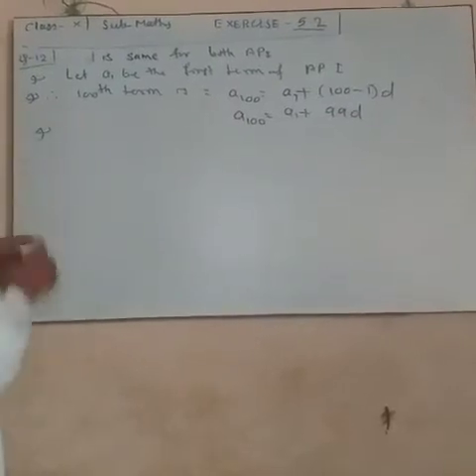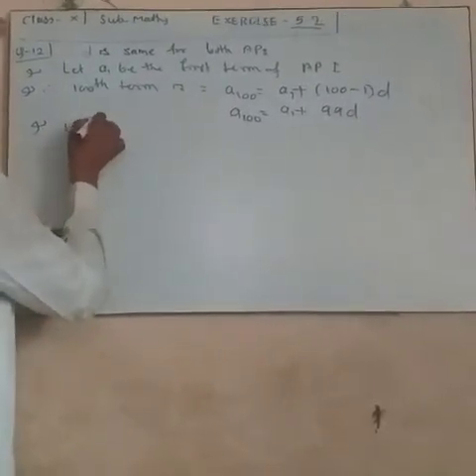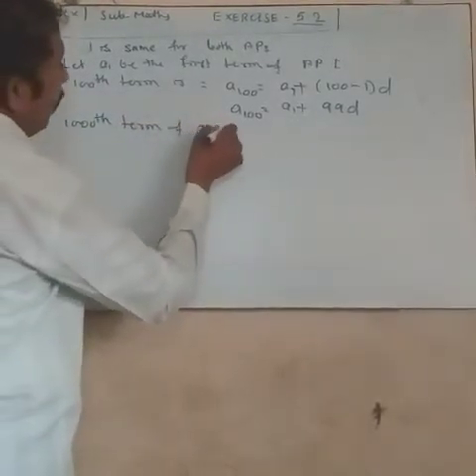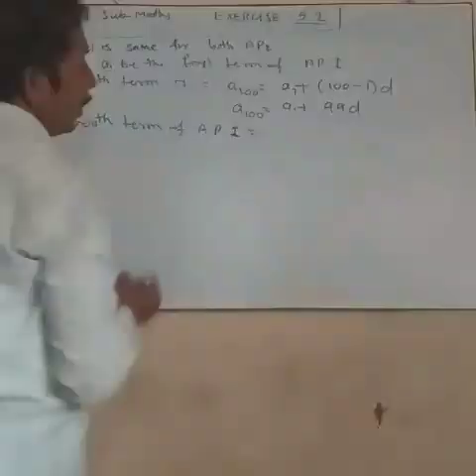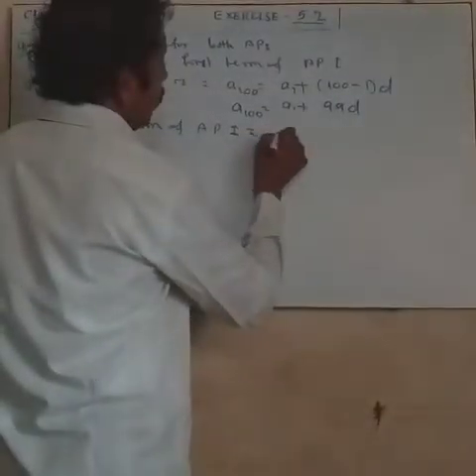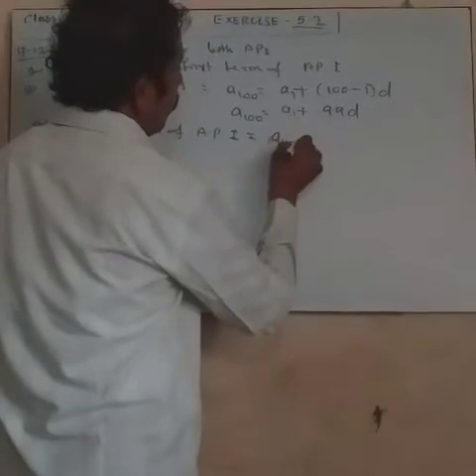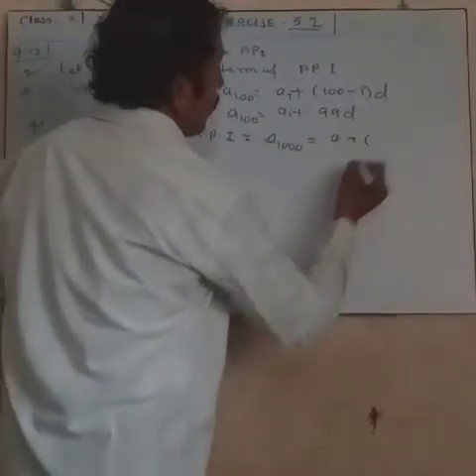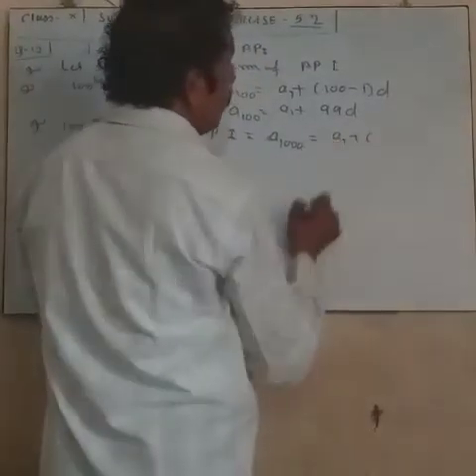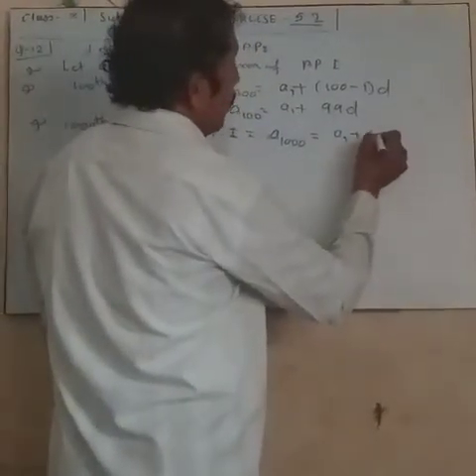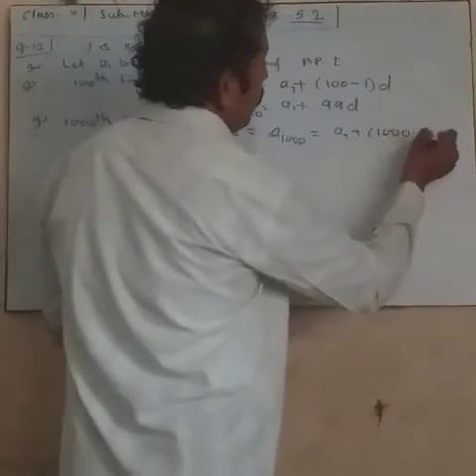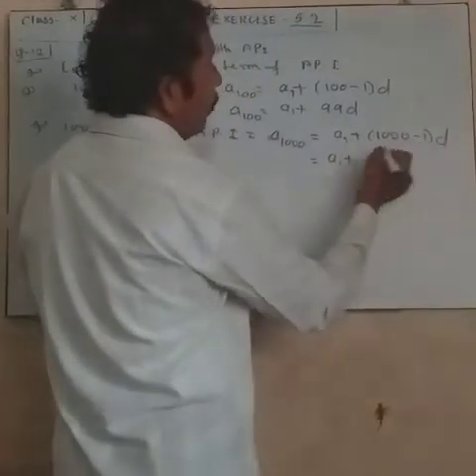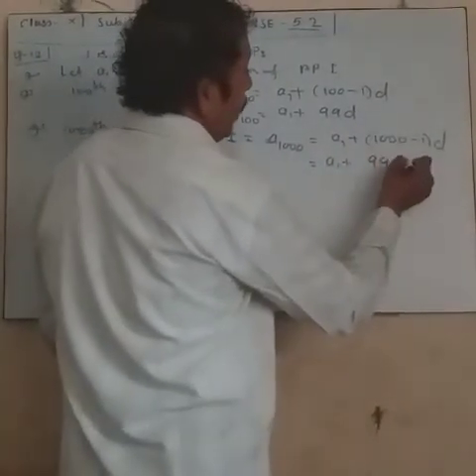And the thousandth term of AP1, the first AP, is A1000 is equal to first term A plus n minus 1 into D. First term is A1, n is 1000, minus 1 into D. That is equal to A1 plus 1000 minus 1 is 999D.